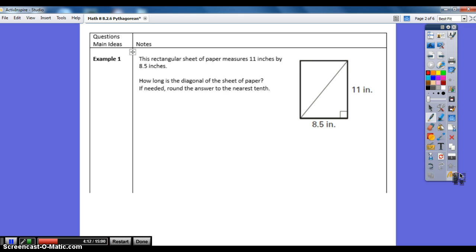Now, I'm going to throw in a little tidbit here about your worksheets. On the back page of your worksheet today, page 2, they'll have a triangle like this for you. And they'll have the height, and they'll have a right angle here. And this will be labeled the H. They might say that this is an isosceles triangle, meaning that two sides are equal.